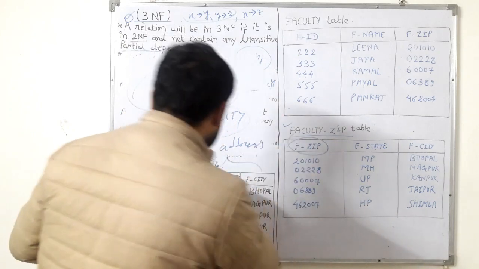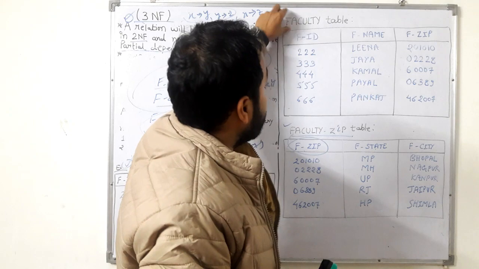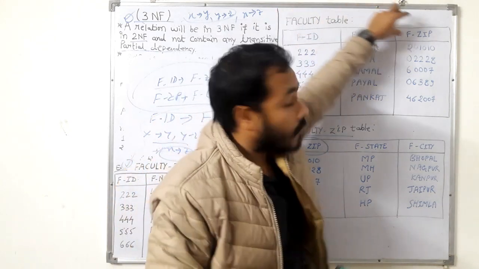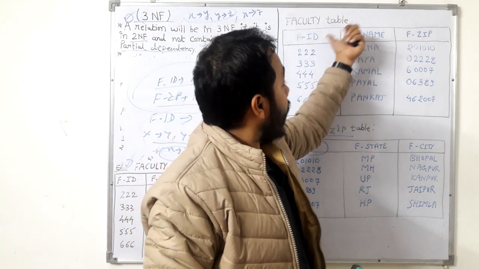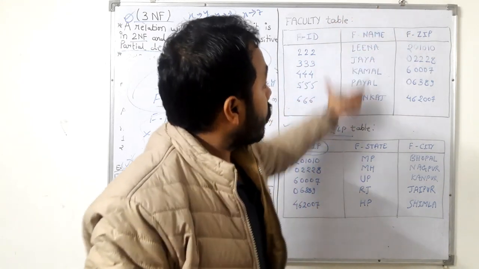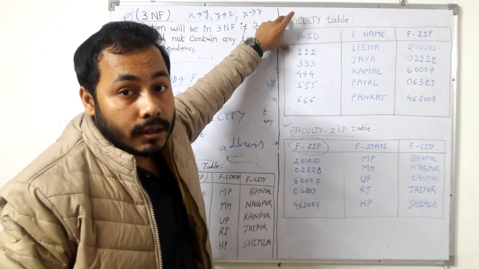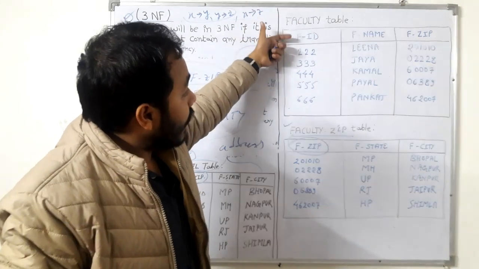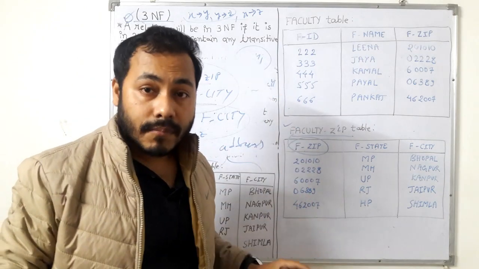Then the other values I am including in the faculty table: FID, FNAME, and FZIP. FID implies FNAME, FID implies FZIP, and no transitive dependency exists in this faculty table, isn't it? So FID being the key, we can say that this table is also in third normal form.